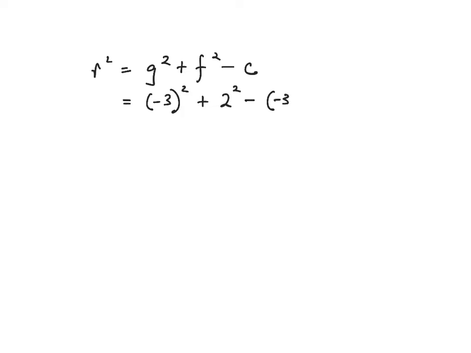The radius squared is g squared plus f squared minus c, and that's minus 3 squared plus 2 squared minus minus 3. 9 plus 4 plus 3 is 16. So the radius then is 4.